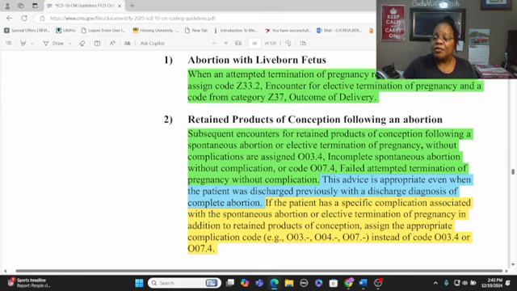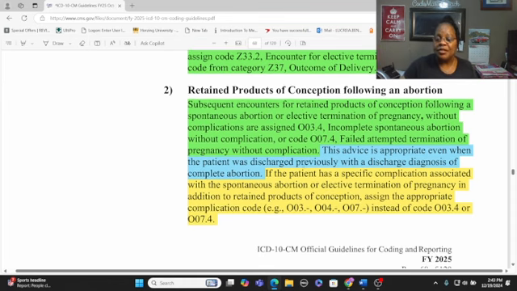This advice is appropriate even when the patient was discharged previously with the discharge diagnosis of complete abortion.